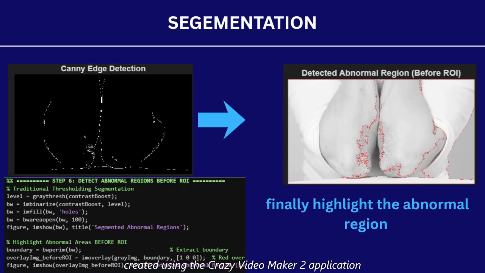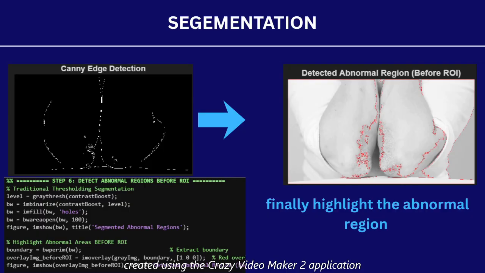The next is segmentation. Segmentation separates abnormal regions from normal tissue. Thresholding with Otsu's method automatically selects the best intensity level to classify pixels. Morphological operations remove small artifacts, fill holes, and refine the detected region.